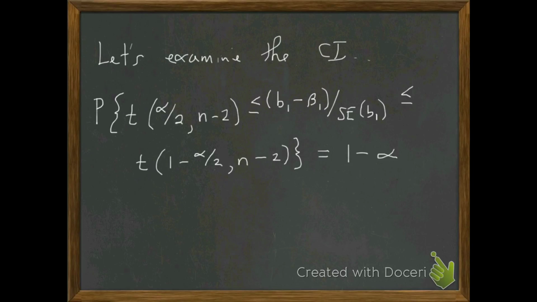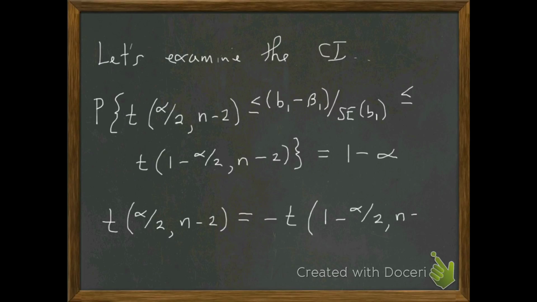Now, I want to multiply through by some stuff. But I first want you to recognize that this first part, t of alpha over 2, degrees of freedom n minus 2, will be precisely our negative t of 1 minus alpha over 2, n minus 2.